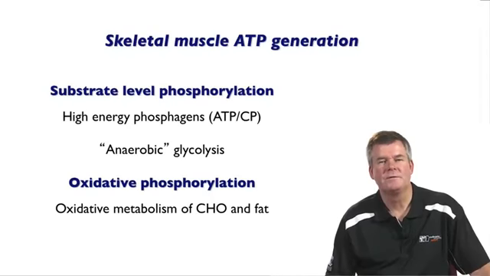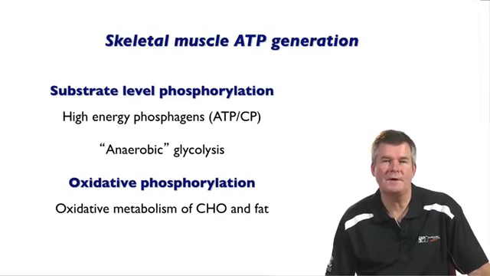The first refers to substrate level phosphorylation, where the ATP is regenerated via the interactions and the exchange of phosphate during a series of reactions directly at the substrate level. The first of these is using creatine phosphate, which is another high-energy phosphate compound stored in skeletal muscle.